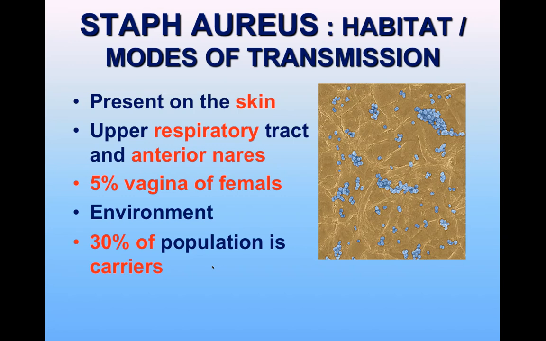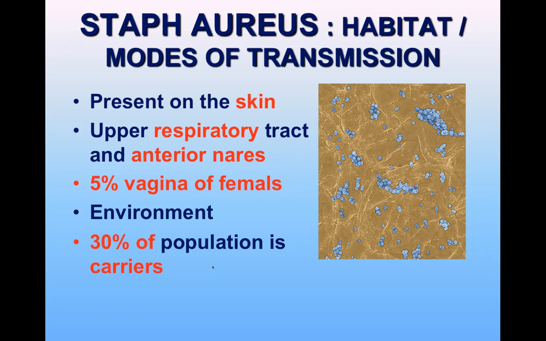Coming to its morphology or its habitat, this is a very important skin commensal, not a pathogen. Humans are the reservoir for Staphylococci. The nose is the main site of colonization of Staph aureus, and 30% of the people are colonized at any time.